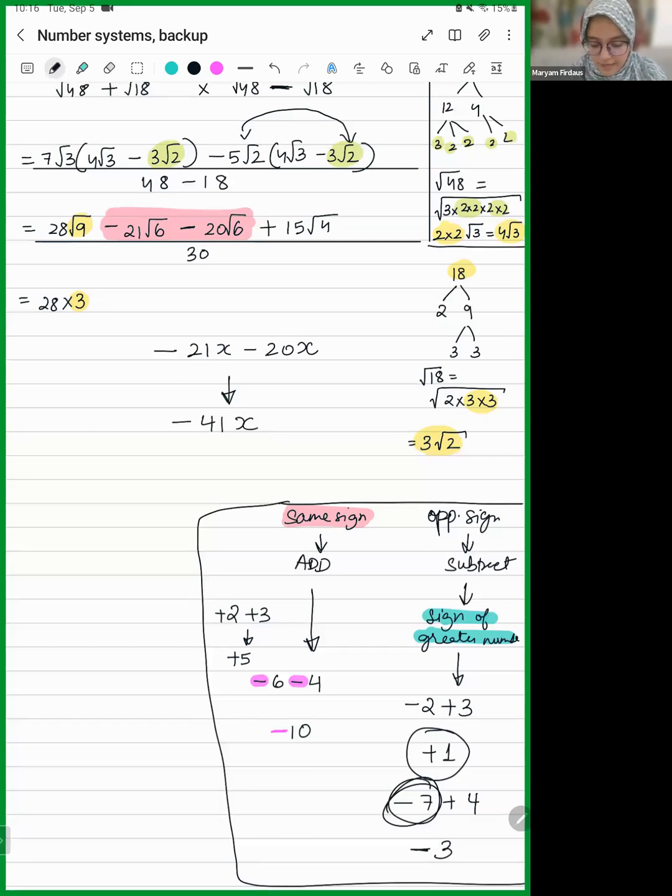Yes. See, ma'am, when we have 2x plus 3x, do we write 5x square or do we write 5x? 5x, right? So this is going to be minus 41x. Is this clear to everyone? Till here? So instead of x, we just have root 6. So instead of x, you put root 6. Okay, so this is going to become minus 41 root 6.